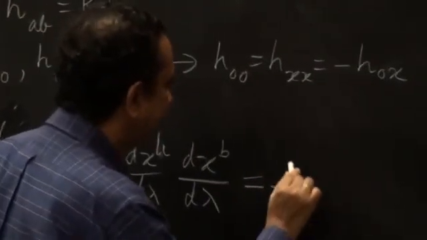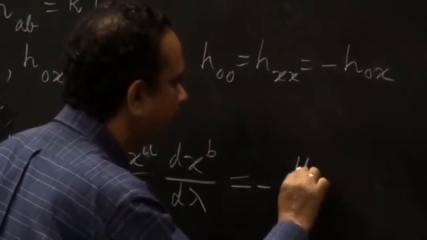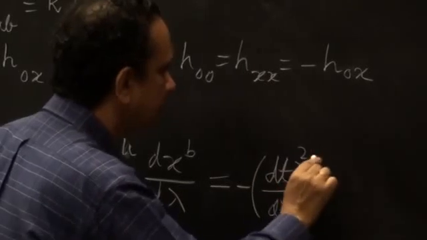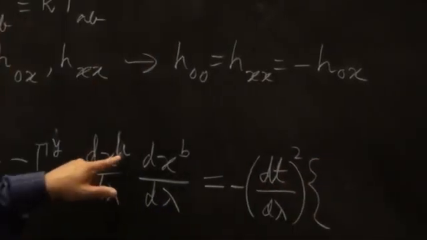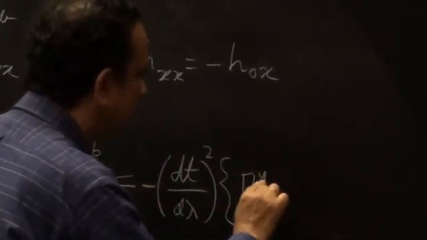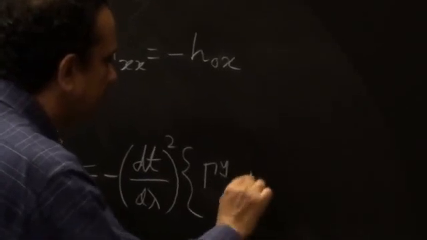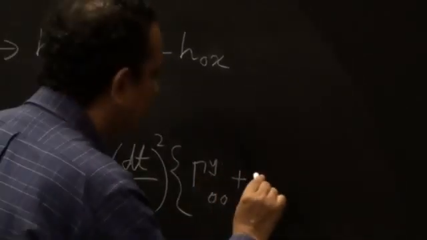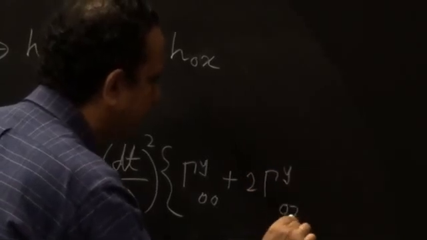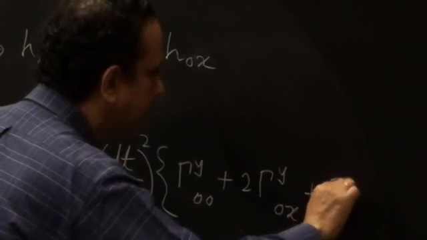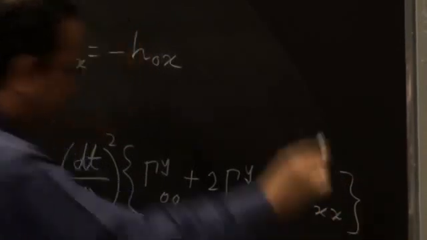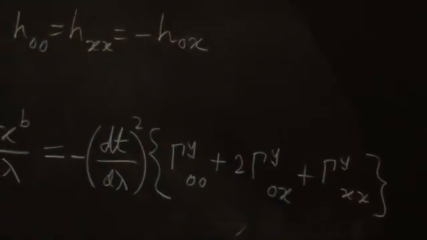So this will become, in all the terms, let us say (dt/dλ) the whole square, times, when both of these are 0, I will get Γ^y_00. Then in the mixed term, I will get 2 times Γ^y_0x. Then I will get Γ^y_xx. So let us work this out.